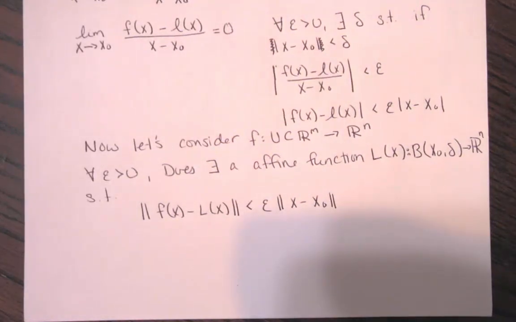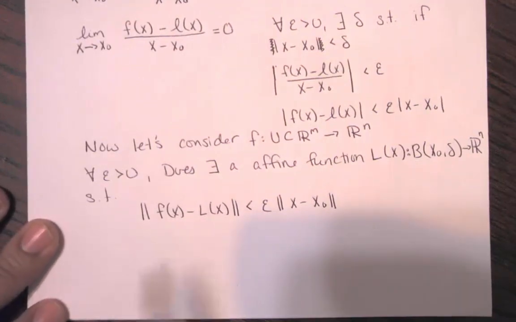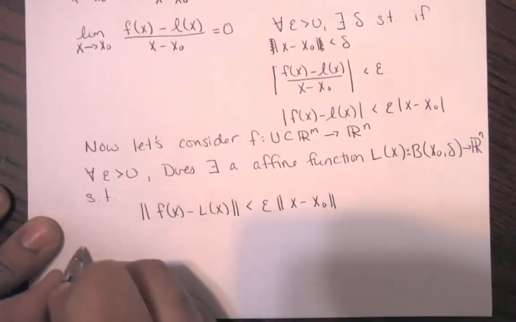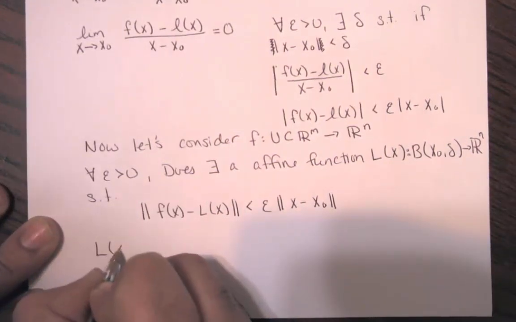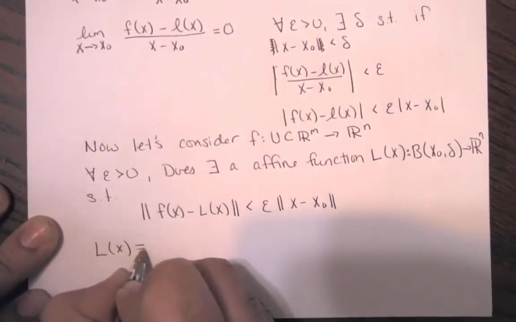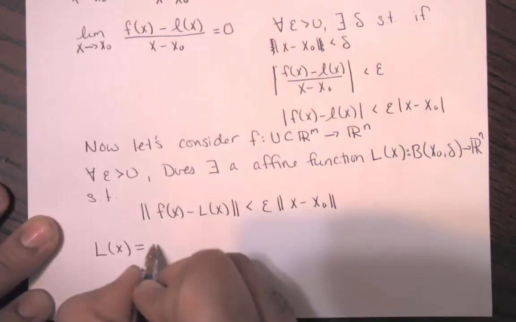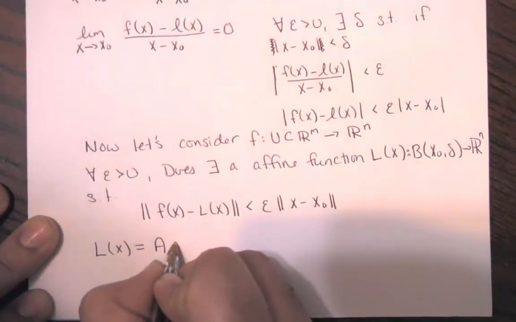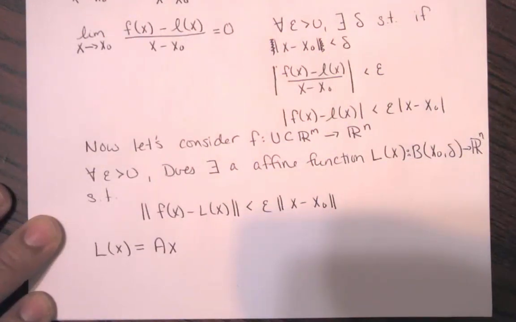Well, what does an affine function look like from R^m to R^n? An affine function looks like a linear function plus a constant. A linear function from R^m to R^n can be represented by a matrix, right?